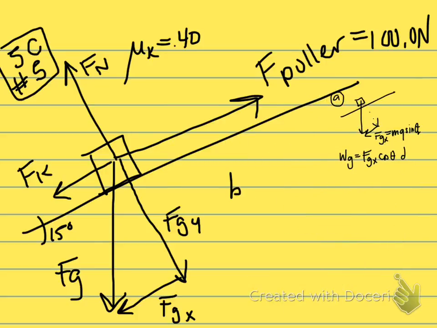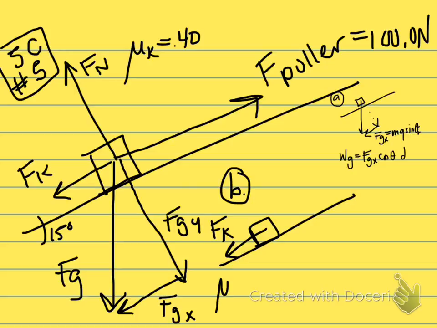Now for part B, you can't quite get away with that as cleanly, because for part B, we're talking about the force of kinetic friction. And the problem is that to find the force of kinetic friction, since it's not given to you, you're given the coefficient, you have to use mu k Fn equals Fk. Which means, of course, to find Fn, you've got to deal with F of gy.